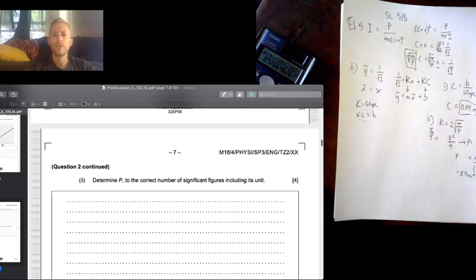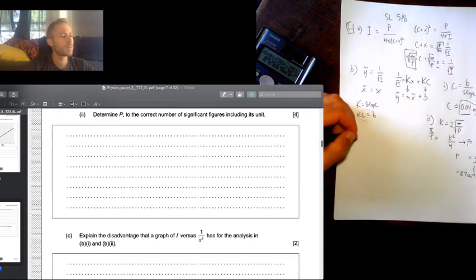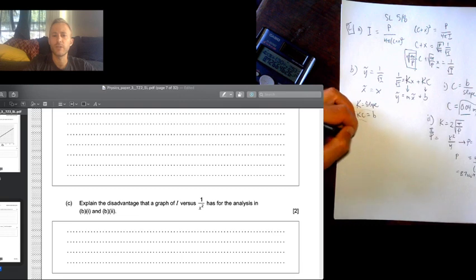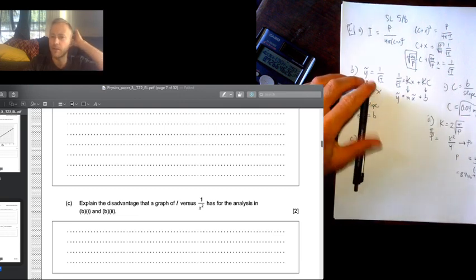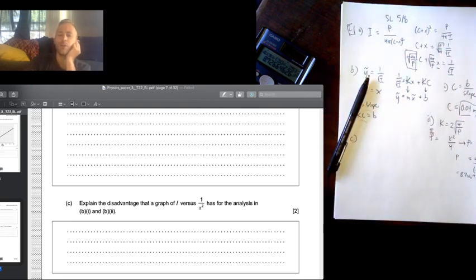Cool. So now the last part says, explain the disadvantage that a graph of I versus 1 over x squared has for the analysis in BI and BII.